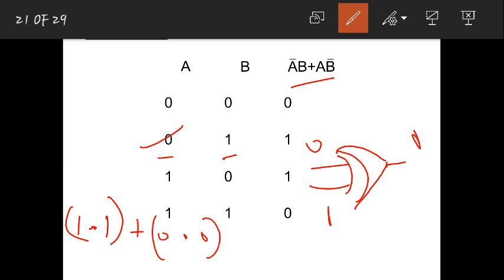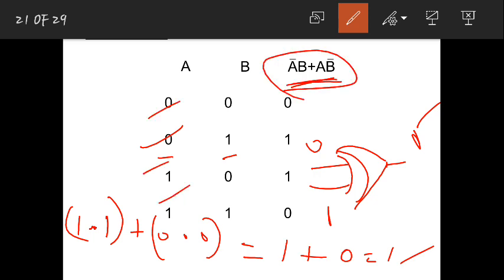So this will be equal to 1 into 1, which is always 1, plus 0 into 0, which is 0. So 1 plus 0 gives 1. See, this is satisfied. In this way, if you substitute each and every input, you will get the same answer as in the truth table.